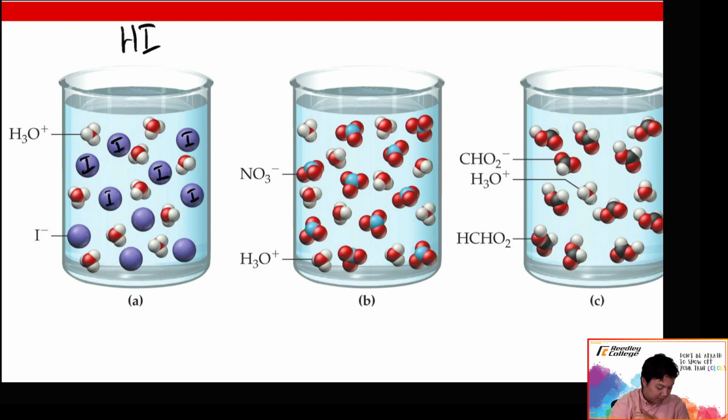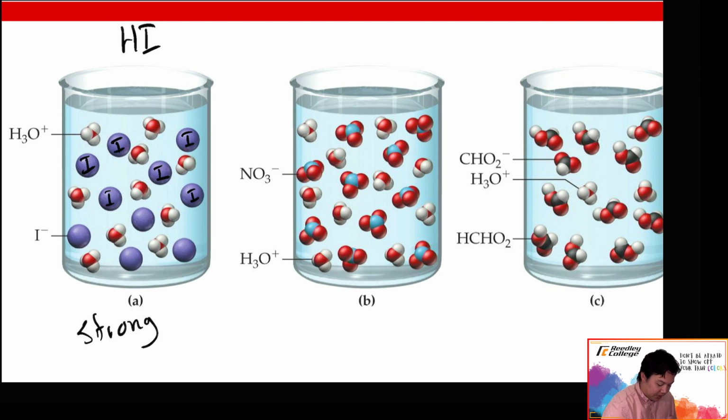And then these are hydroniums, the other ones. We can see that there are no iodines left that have a proton attached to them. So because it's fully ionized, this must be strong.